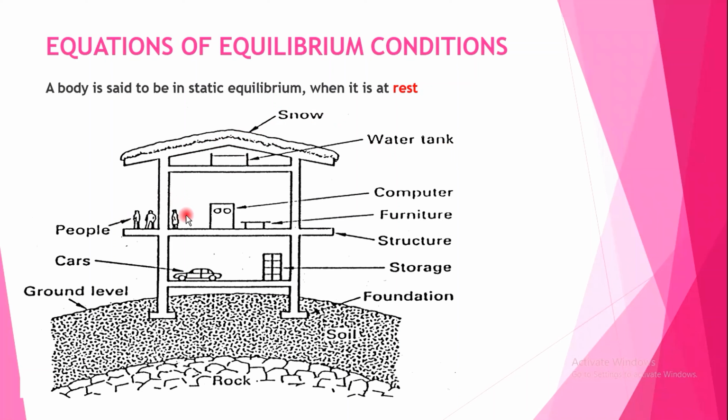The people are standing here, computer, furniture, car, storage. So everything is acting as load on the slab. That load will be transferred from slab to beam, beam to column, column to footing or foundation, then foundation to the ground. So these are vertical loads, all going in the downward direction. This load we can call as action.